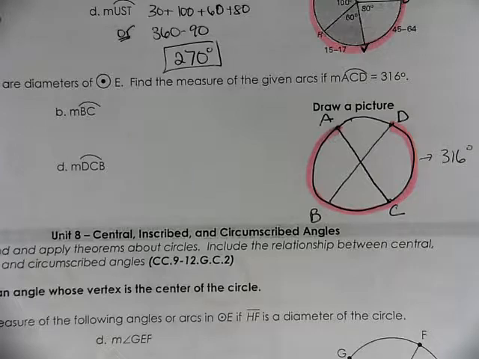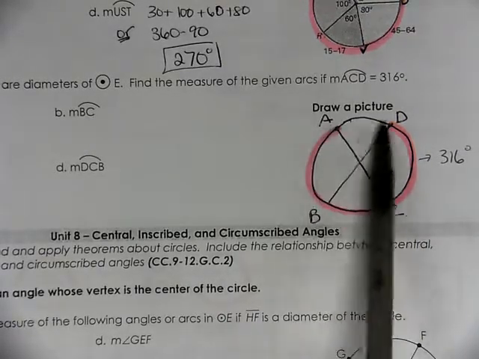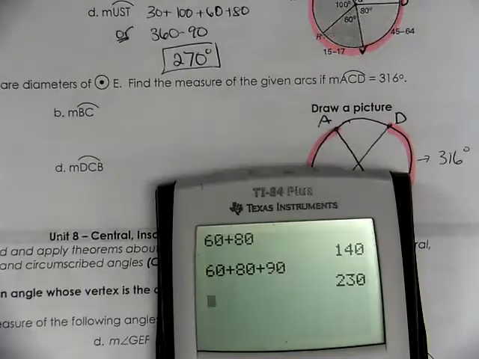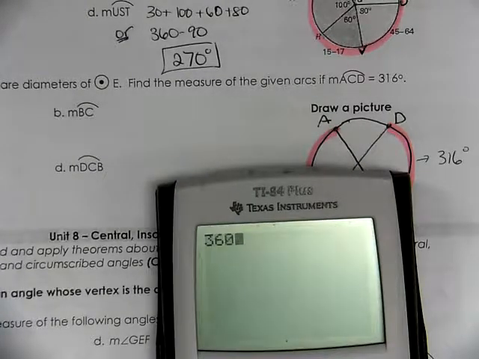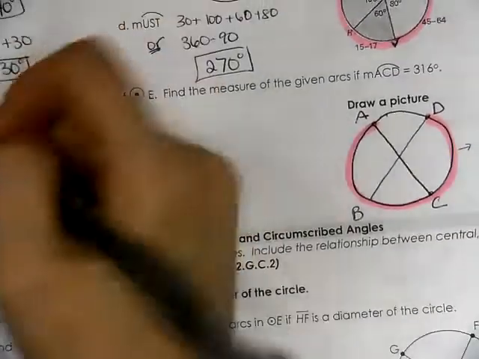Before we even, well, so the first question says, how big is AD? How big is the little arc that's left over? Take 360 minus 316. So you get AD is 44 degrees.